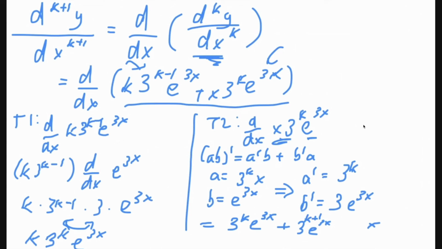Cool. Now adding these two together, maybe I'll write this on a separate page. So we have k times 3 to the k times e to the 3x, plus 3 to the k times e to the 3x, plus 3 to the k plus 1 times x times e to the 3x.